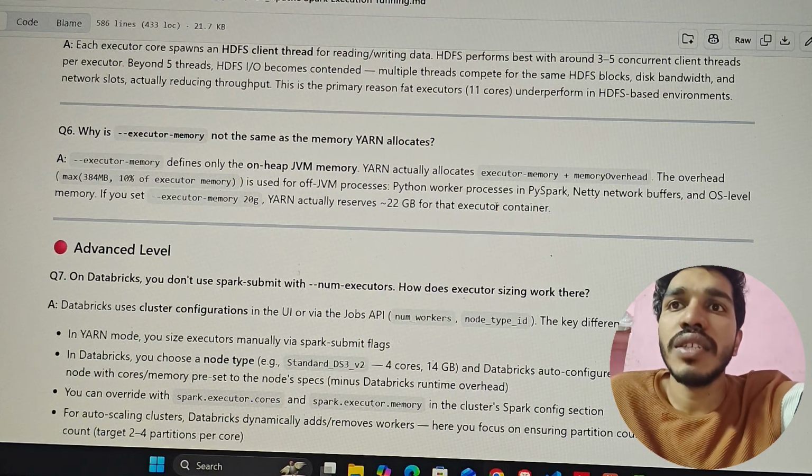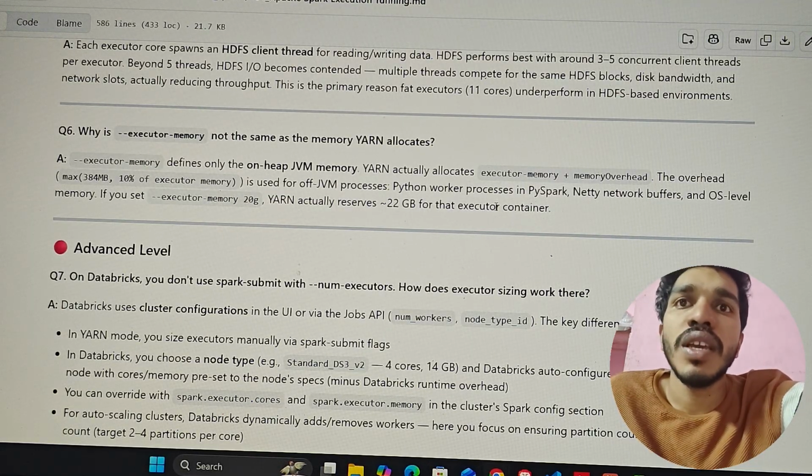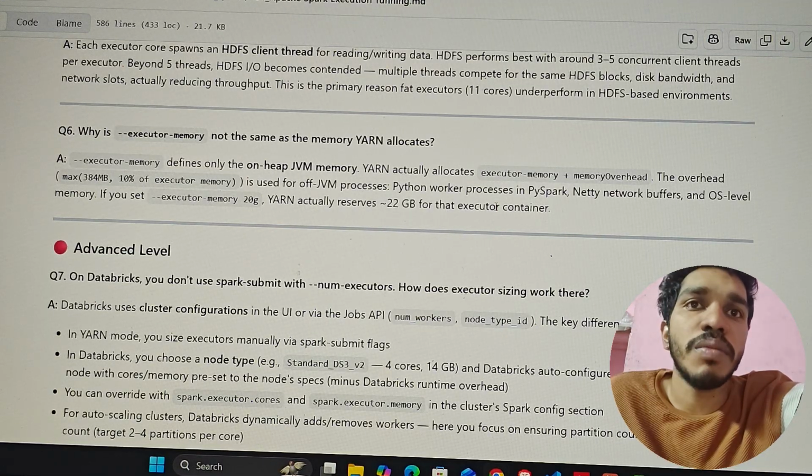Why is --executor-memory not the same as the memory YARN allocates? Executor memory defines only on-heap JVM memory. YARN actually allocates executor memory plus memory overhead.